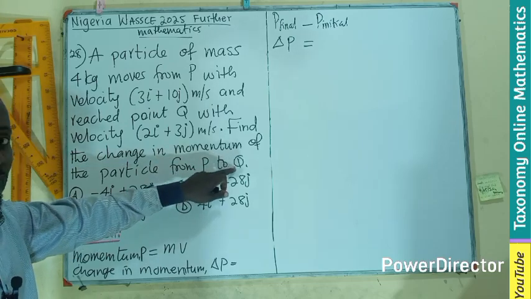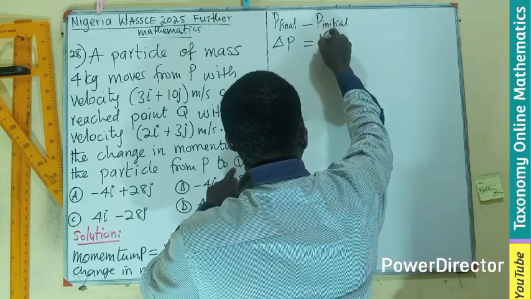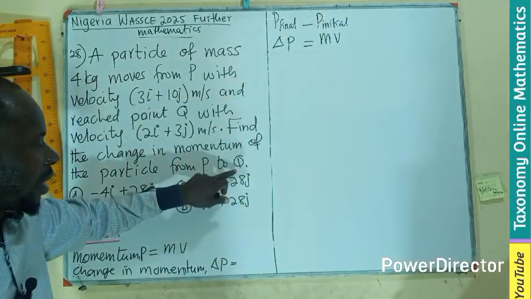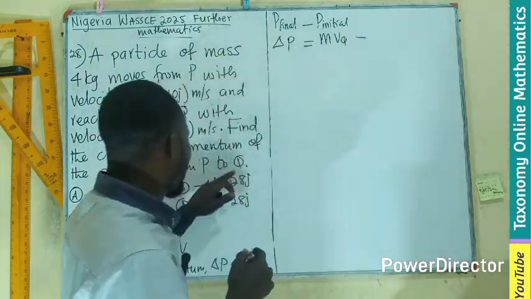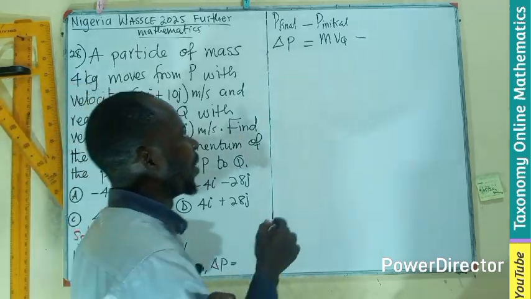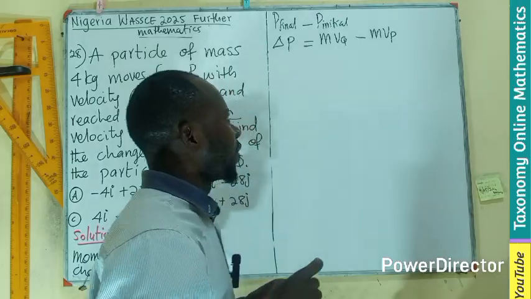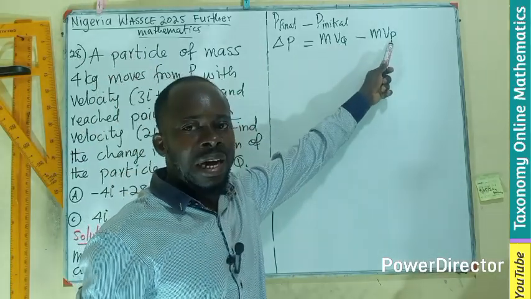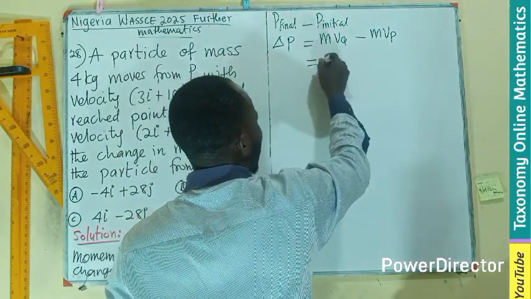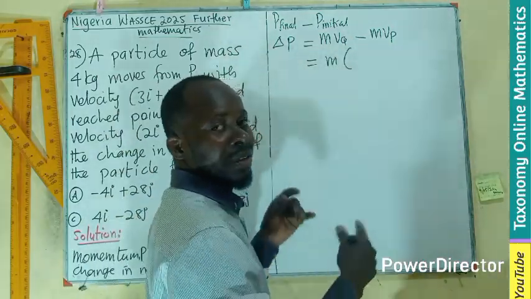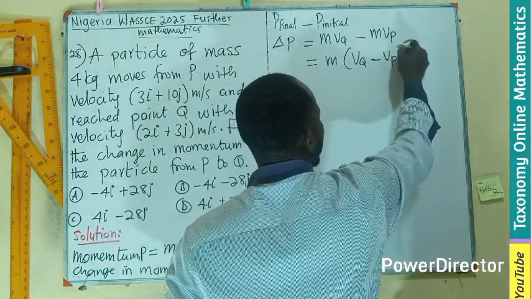So the change in momentum equals the final momentum, since it is moving from P to Q. This is where the particle is now at. So that is going to be mv, but the v is the velocity of Q, minus the initial momentum, which is still the mass times the velocity of the point P. We can see that the velocities of the two positions are different, so we factorize the mass out, as being the same mass of the body traveling from P to Q. So that will be m times VQ minus VP.